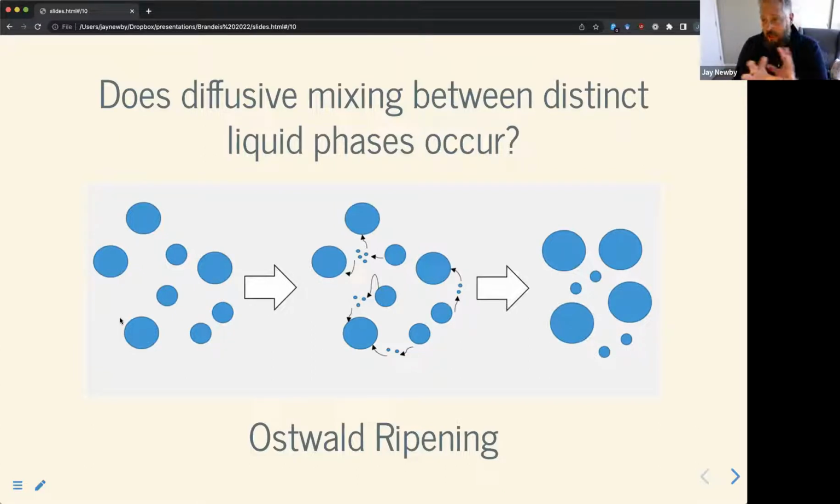Okay, so a lot of people are really interested in how chemistry would stabilize droplets in the nucleus, because they are stable. So Ostwald ripening tells us something else, though. Molecules that are concentrated into these droplets are perfectly capable of doing Brownian motion outside of the droplet.